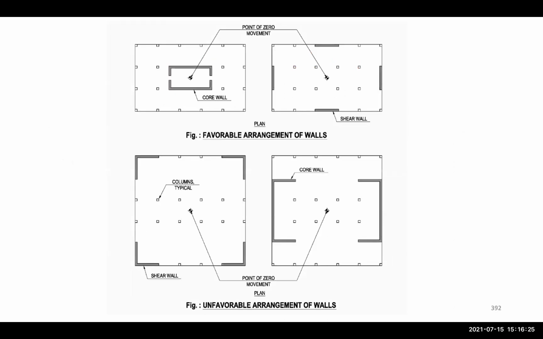For example, this figure shows the favorable arrangement of walls. Here we have the core wall in the middle. You can see these parts here. We have columns here, but we don't have a rigid element to restrain them.